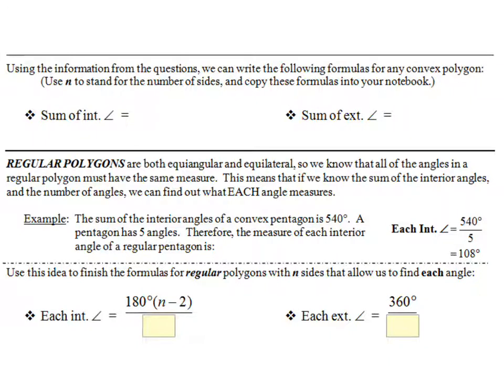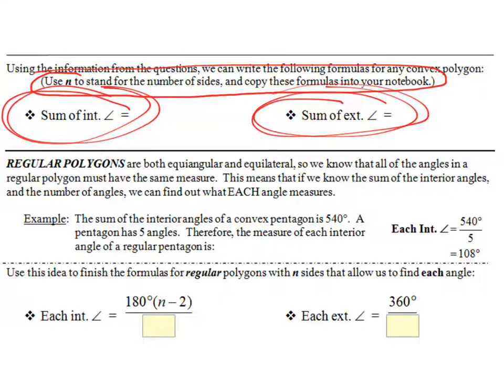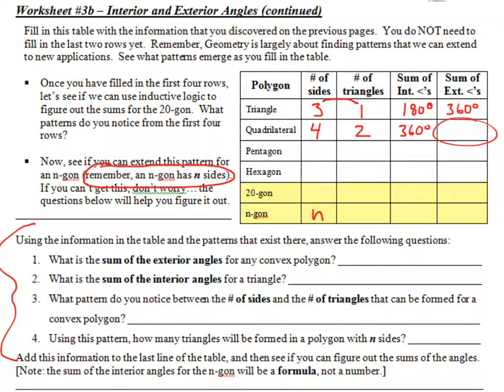Looking a little bit lower on our sheet here, it says, using the information from our questions that were just above, we can write the following formulas for any convex polygon, where we use n to stand for the number of sides. And of course, we're going to want to copy these formulas into our notebook. I'll give you a hint. These are going to come right from the answers that we end up putting in here. Okay? So again, this is why we're trying to find the patterns here.